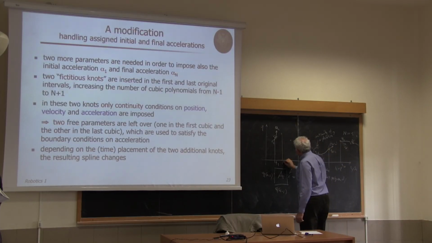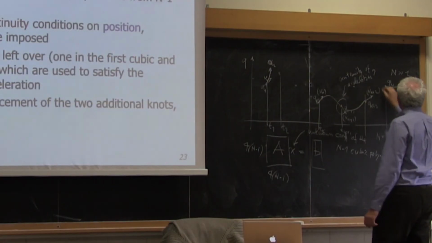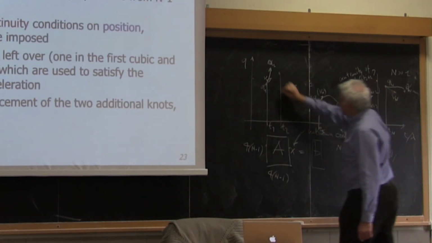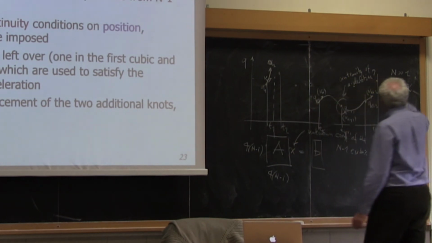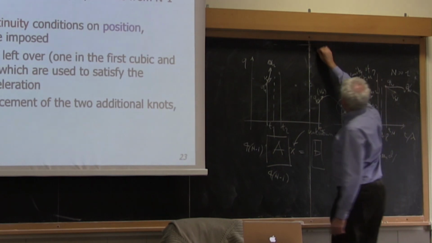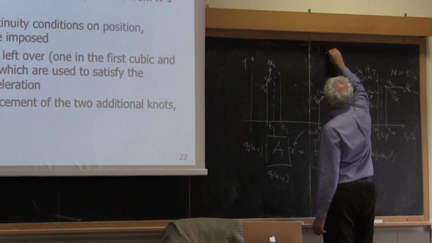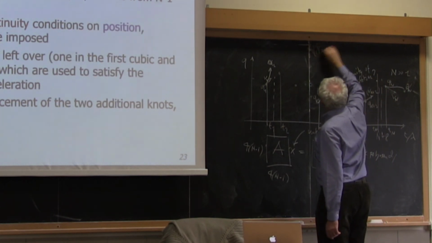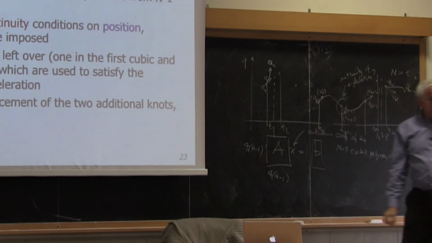So this is the first interval, T2, and this is whatever, the last interval. So I split this in 2, and I split this in 2. And then I have n plus 1 intervals, and so 4 times (n plus 1) coefficients.